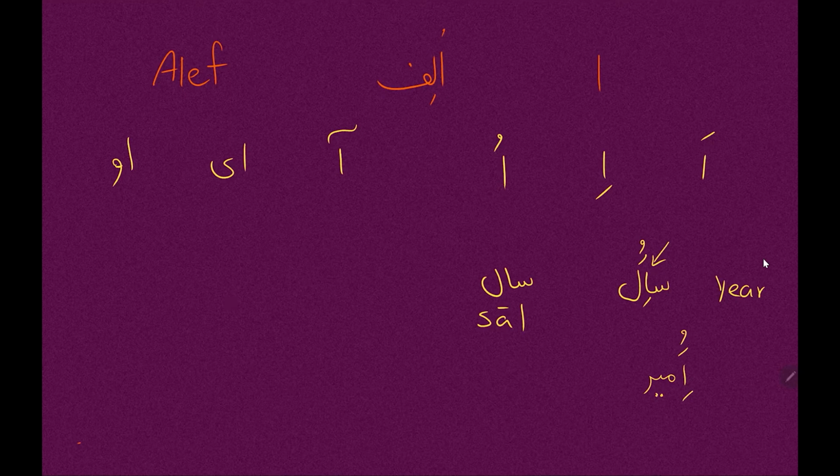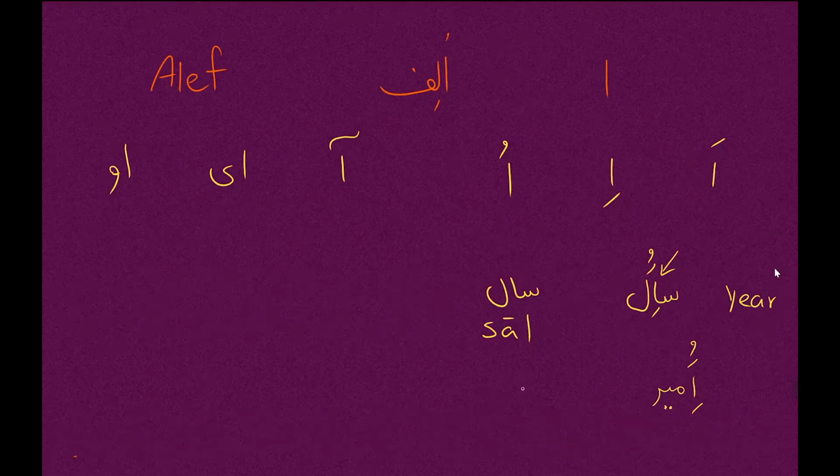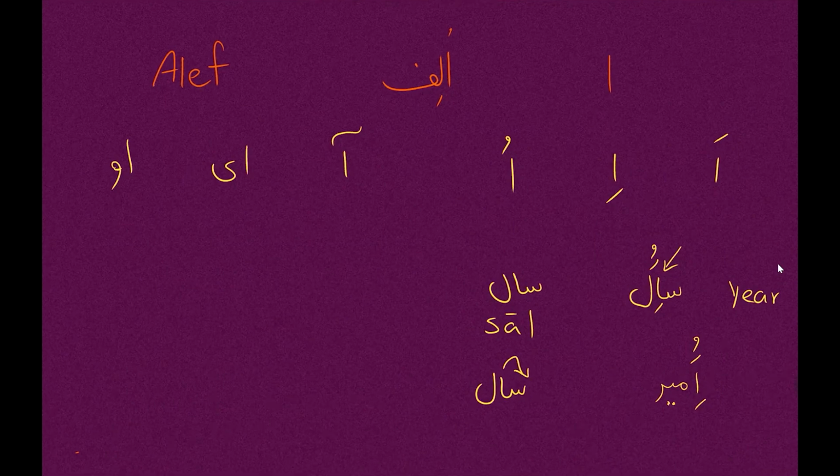But again, in sal or any other word where the letter alef comes in the middle, I mean when it's not in the beginning, so basically when the letter alef is attached to another letter. Here you can see that alef is attached to the letter se or sin, and that's why it makes the sound ah, sal.